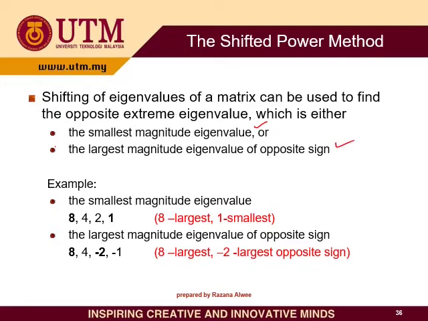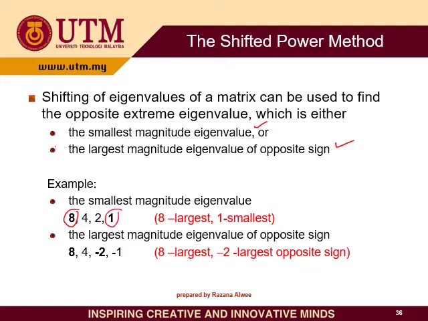For example, for the smallest magnitude eigenvalue, if you have all the eigenvalues with the same sign, all positive or all negative, the largest we can find here is 8, right? And the smallest is 1.